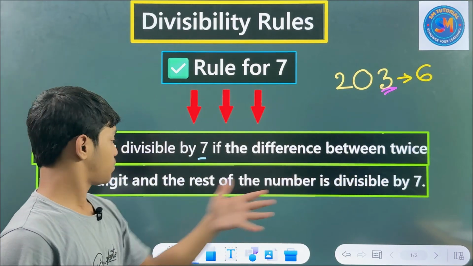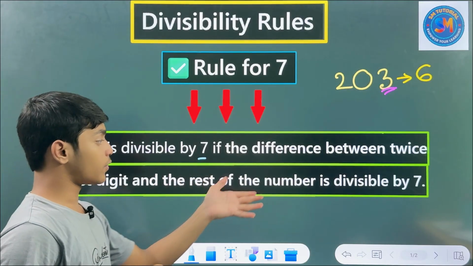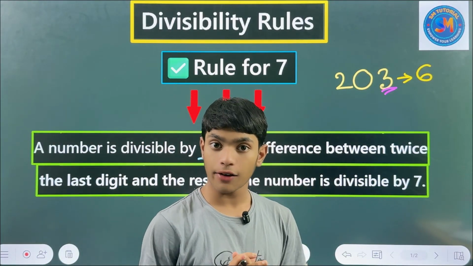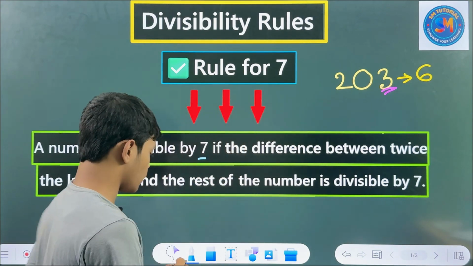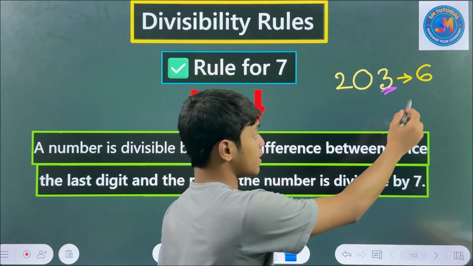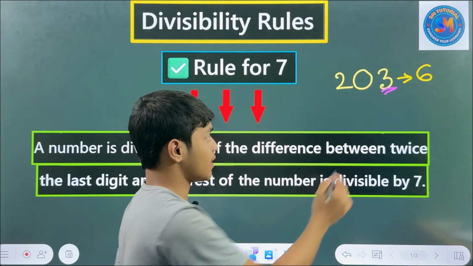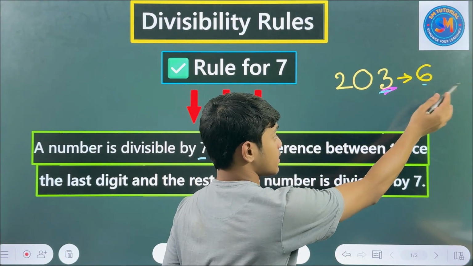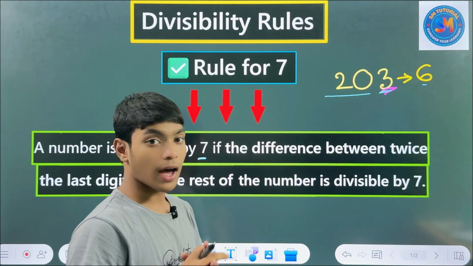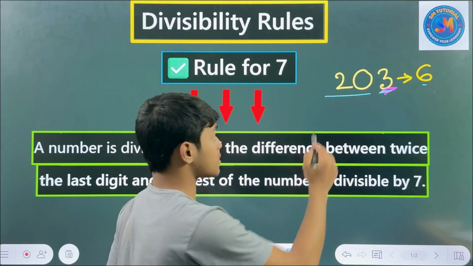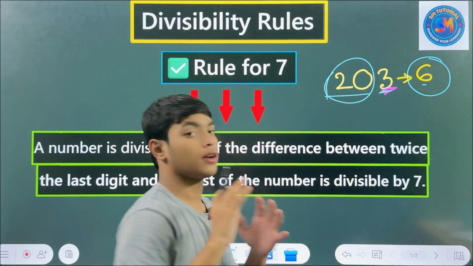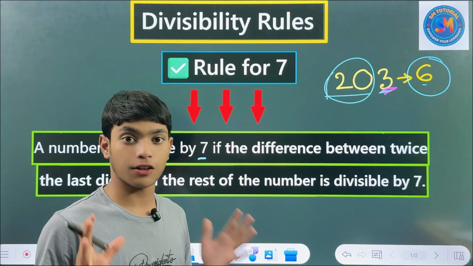We need the difference between this doubled digit and the rest of the number. After doubling the 3 as 6, the rest of the number is 20. So now we have to find the difference between this 20 and the doubled number 6.